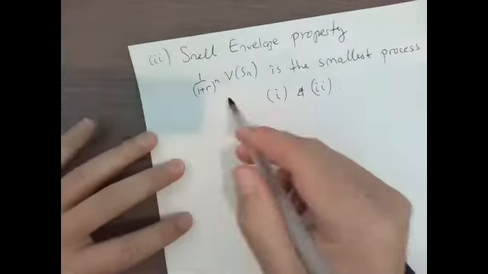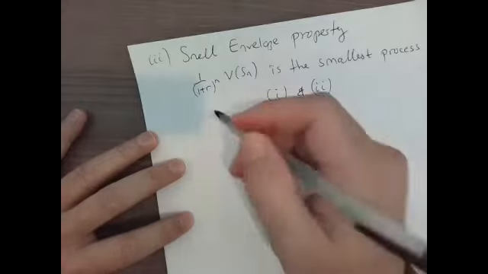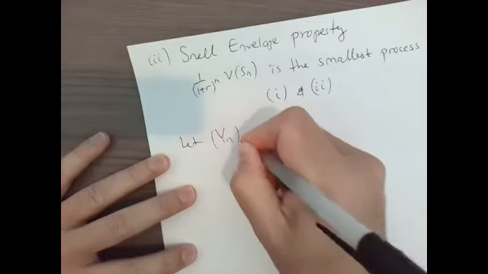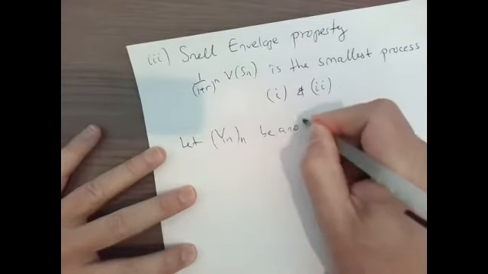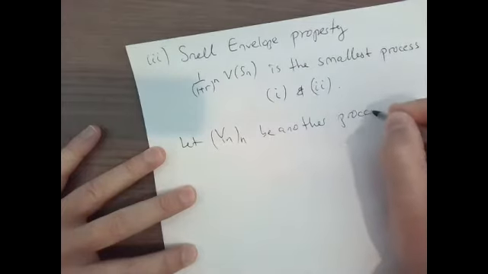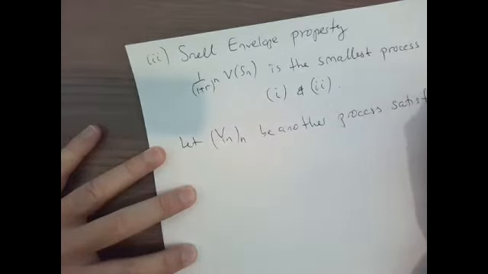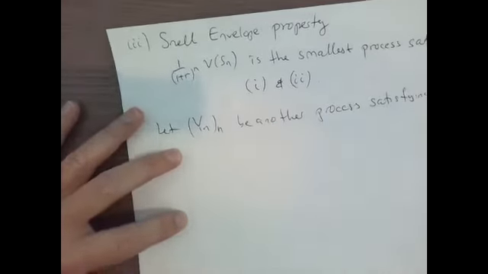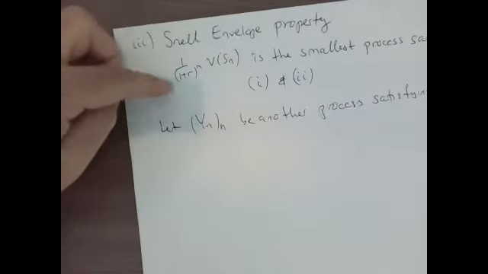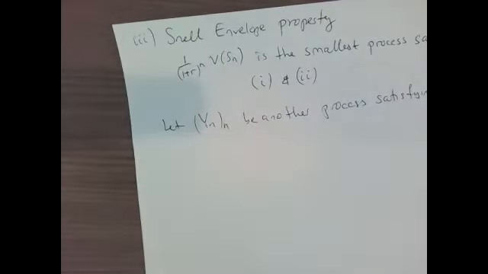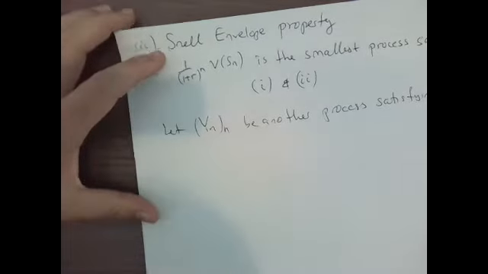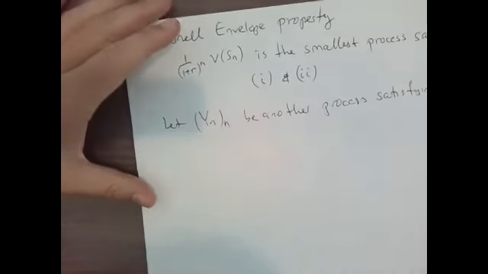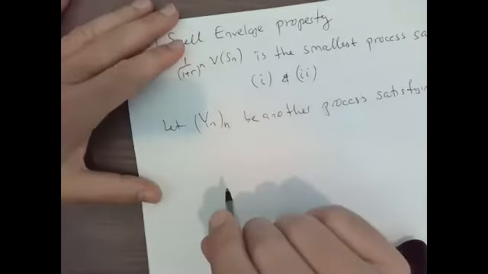So proof of 3 here, this is the smallest process that satisfies it. To make headway, let Y_n be another process satisfying 1 and 2. And then we're going to prove that this quantity here is going to be smaller than Y. Right, so what do we have?